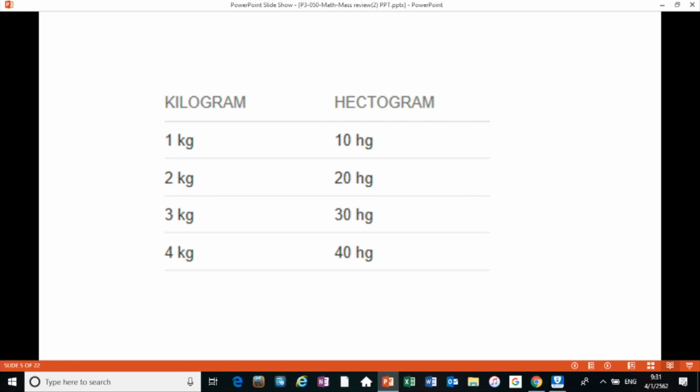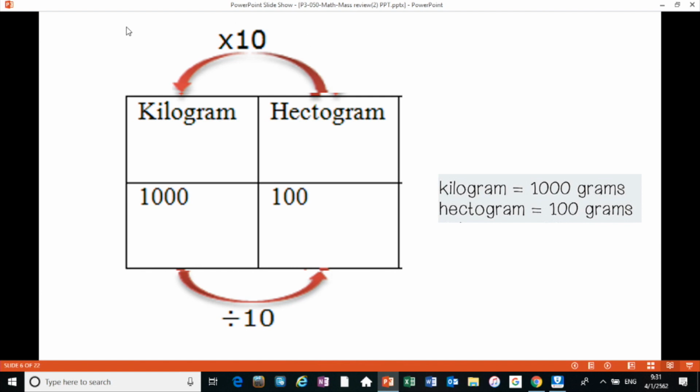To find the difference between kilogram and hectogram, we multiply by 10. Yes, 1 kilogram, 10 hectograms. You see, to go from kilogram to hectogram, we times by 10.